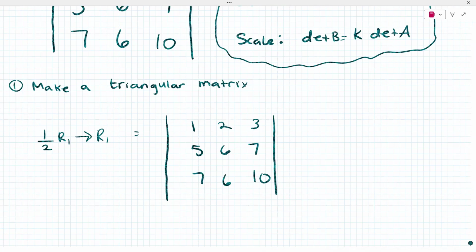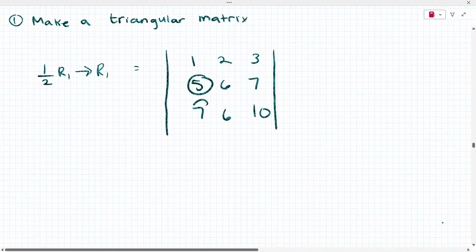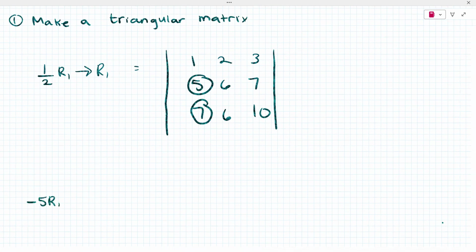The next thing I would do is make this 5 into a 0. I'm going to make this 5 and this 7 0, and I'm going to do it all at once. So starting with the 5, it would be -5 row 1 plus row 2 gives us your new row 2. And then to make this 7 a 0, it's going to be -7 row 1 plus row 3 gives us your new row 3.